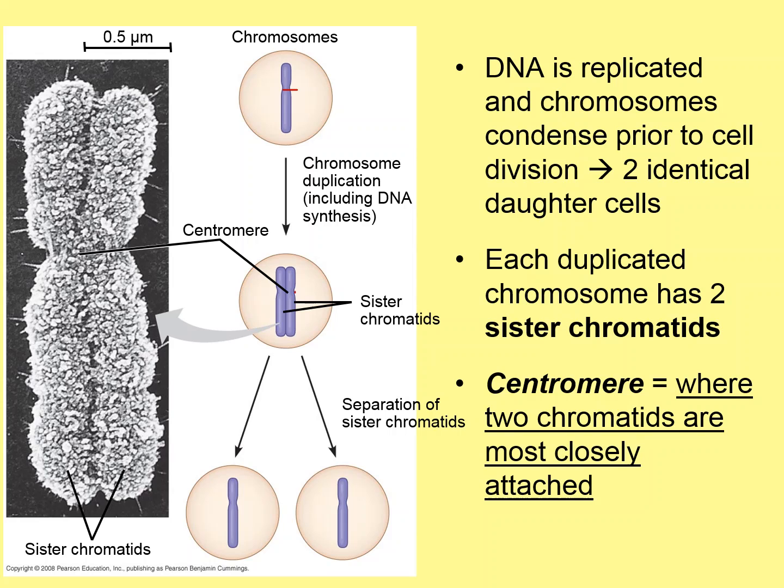I still have only 1 centromere. So I'm still diploid, right? I'm not tetraploid at this point. I'm still diploid. I only have 2 chromosomes because this particular chromosome is made up of 2 sister chromatids, right? So that equals one chromosome.